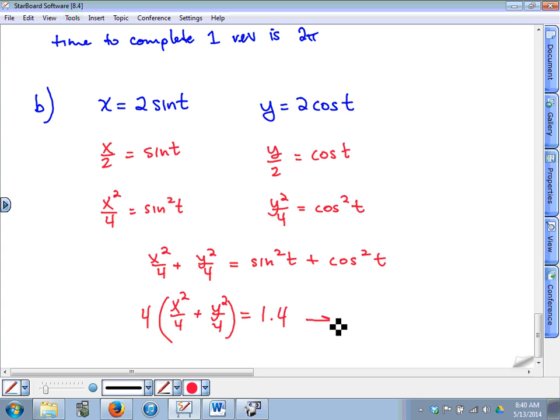That gives us the equation x squared plus y squared is equal to 4. This is not the radius, you guys. Did you hear that? The radius is not 4. It's the square root of 4. So the radius is 2.